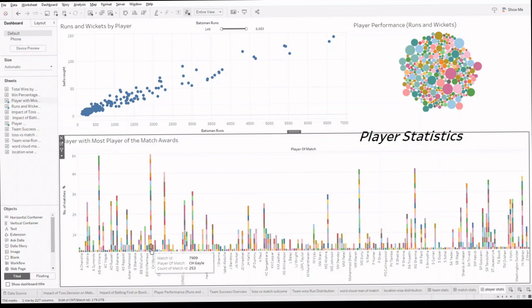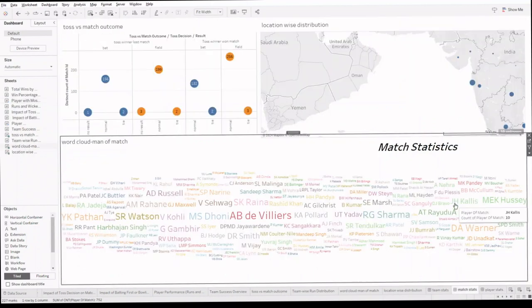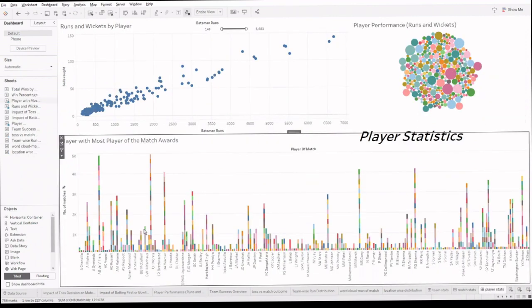If you keenly observe, here I have something like 0.2 centimeters of gap, and here I have only 0.1 centimeters of gap. That explains why CH Gale has 21 man of the match awards and AB de Villiers has only 20. That means there are 20 blocks above AB de Villiers and 21 blocks above CH Gale.